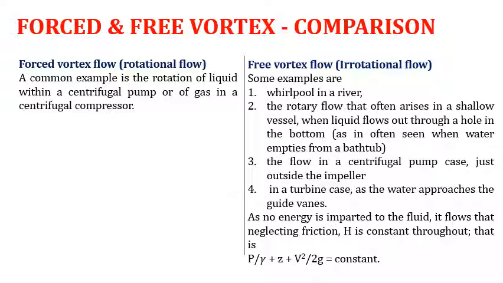As no energy is imparted to the fluid, and if we ignore the friction, the sum of energy head remains constant in free vortex flow. So we can basically use Bernoulli's equation in free vortex flow.